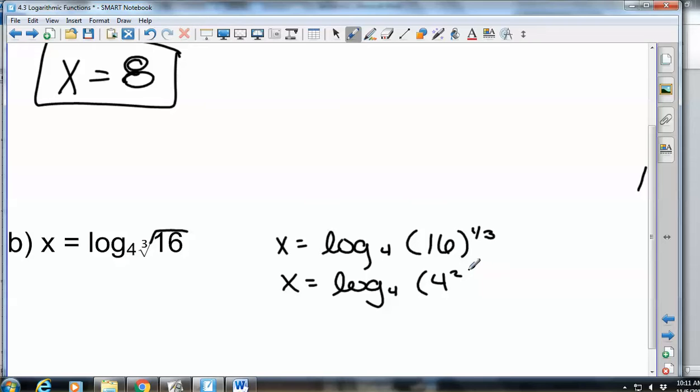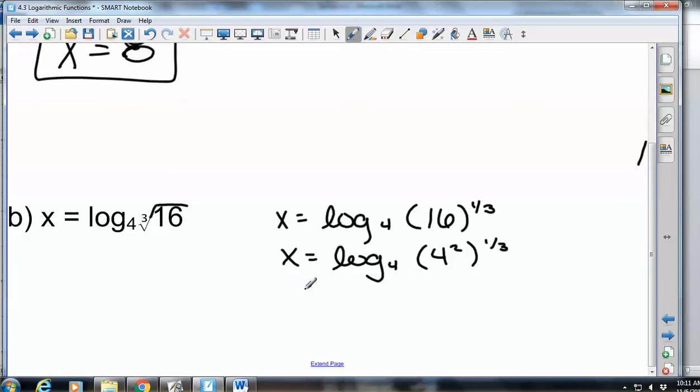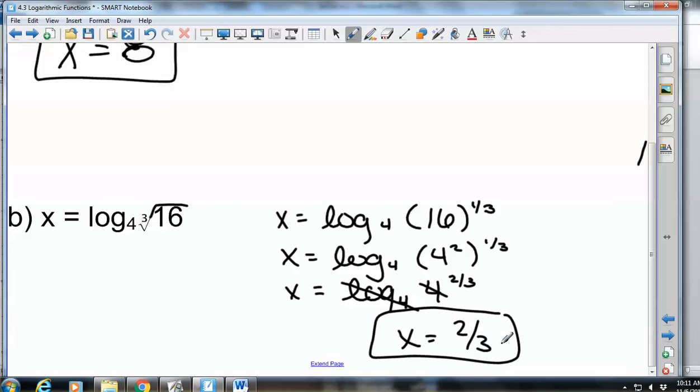Okay, so properties of exponents, this would become 4 to the 2/3. Now do you know what x equals? 2/3. So log base 4 and 4 would cancel one another. And you get 2/3 for your answer.